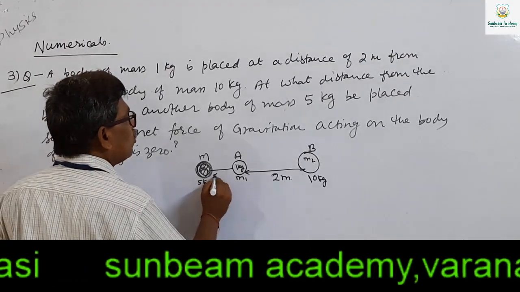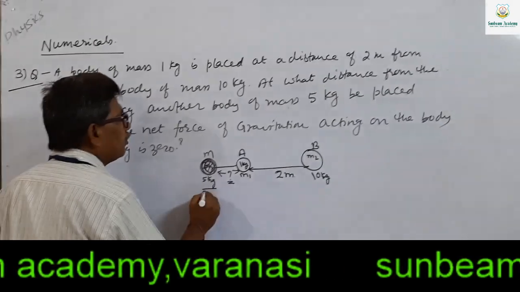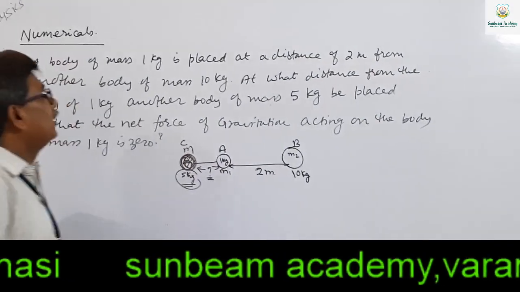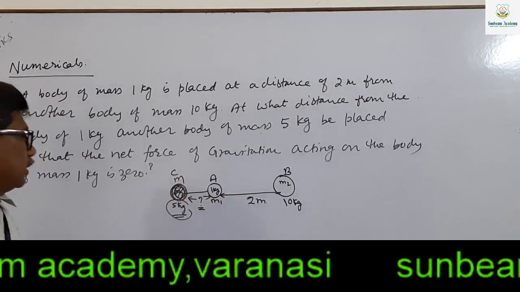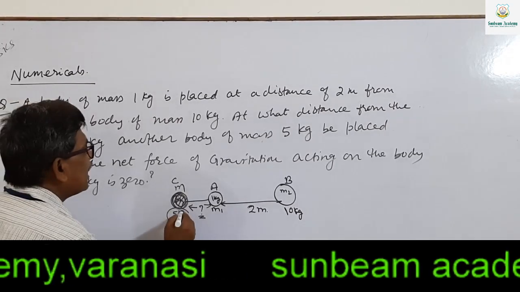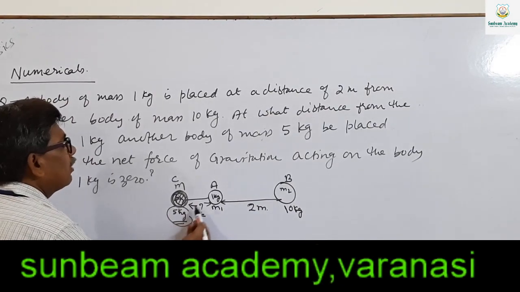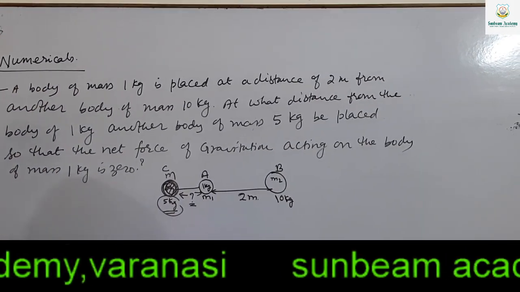Means this distance you have to find out. So we have to find out the distance between the mass of 1 kg object and the mass of 5 kg object. So let us see how to solve this numerical.